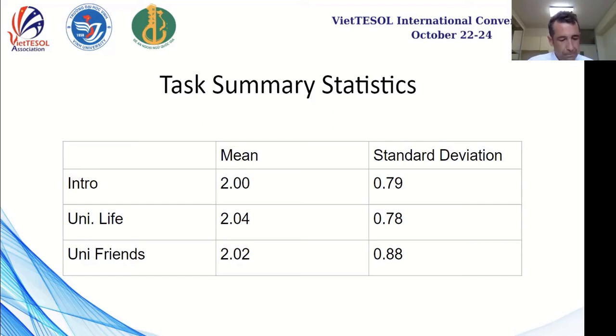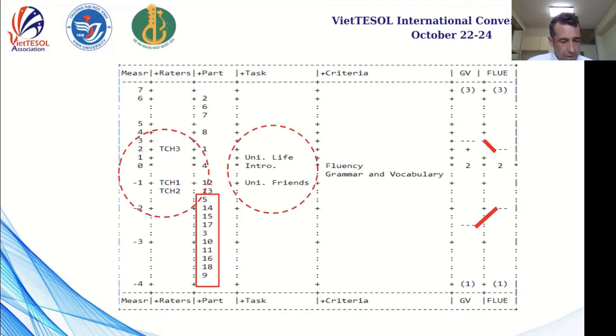So in this slide, we are using multifacets Rasch measurement to identify some relationships between the facets of the test. And if you don't know what a facet is, a facet is something that may affect the test outcomes.